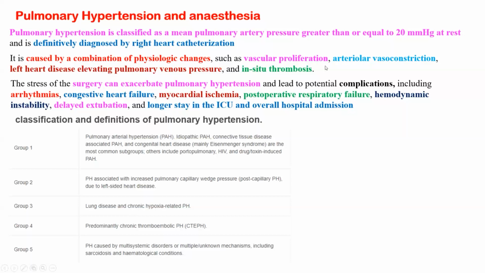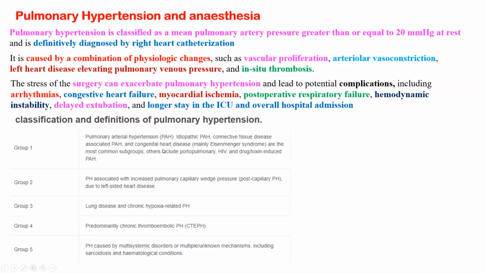This sort of vascular proliferation, arterial vasoconstriction, all these things result secondary to lung disease. The fourth group is thromboembolic phenomena, which occlude the circulation and automatically elevate the pressure by causing a resistance to the flow. And the last is systemic disorders, with multiple mechanisms, including sarcoidosis and nephrological conditions.